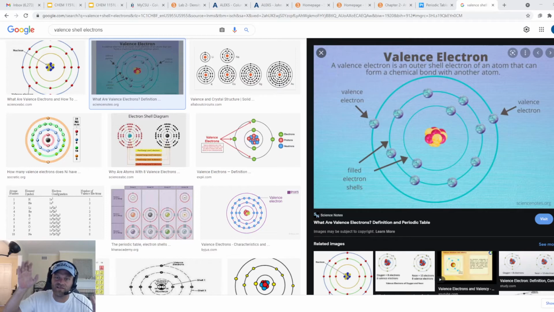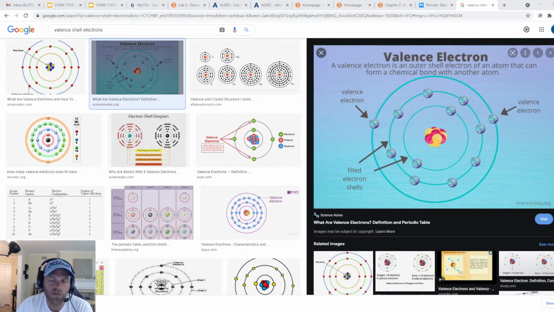It's kind of like the fan. I can get my hand in there, but I can only get it in so far before something bangs it. So that's what happens on this outer shell. We have valence electrons that are moving round and round, but that's where the reactions occur. That's where I can get something in or take something out and make something happen, on this outer electron shell. So that's why it's so important that we understand how many valence electrons are there and what the trends are when you're dealing with those.